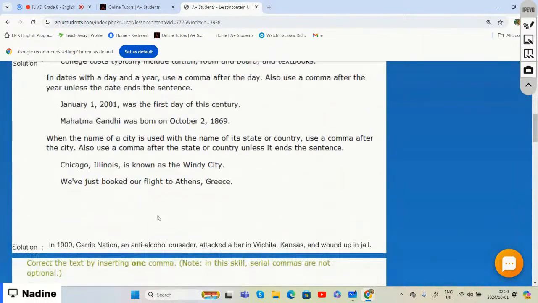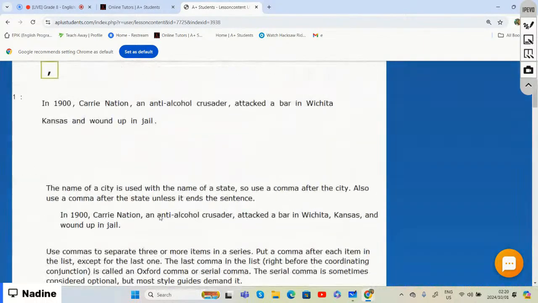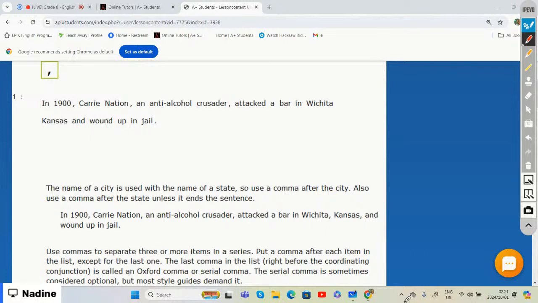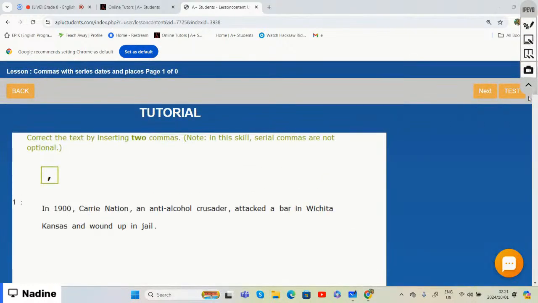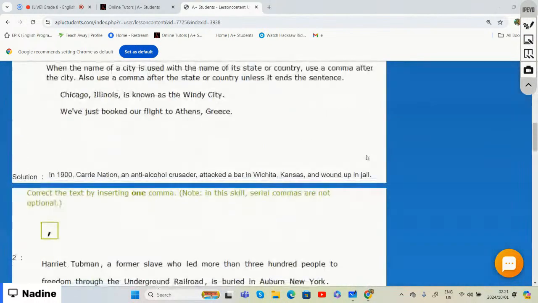That is basically the commas already. Oh yeah, after. Oh, we need to add a comma there and we add a comma there. That is our two commas, after the city and after the state.